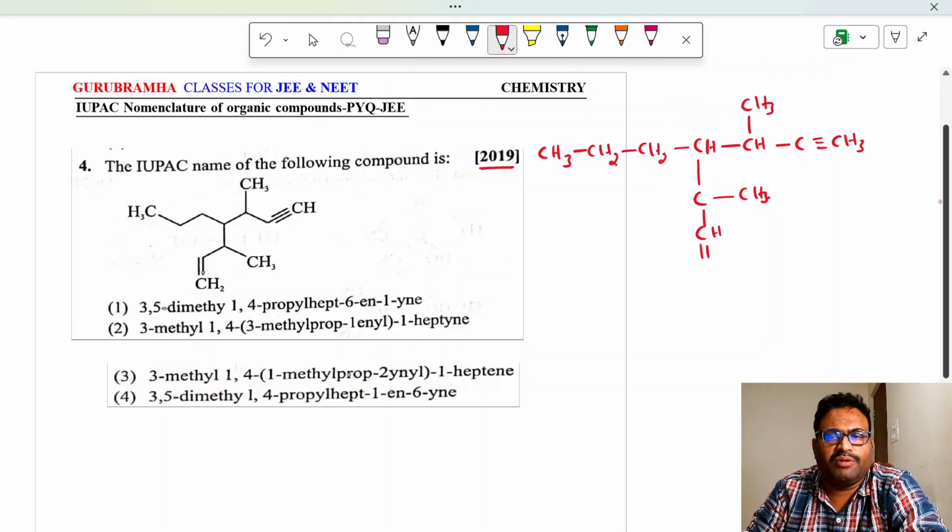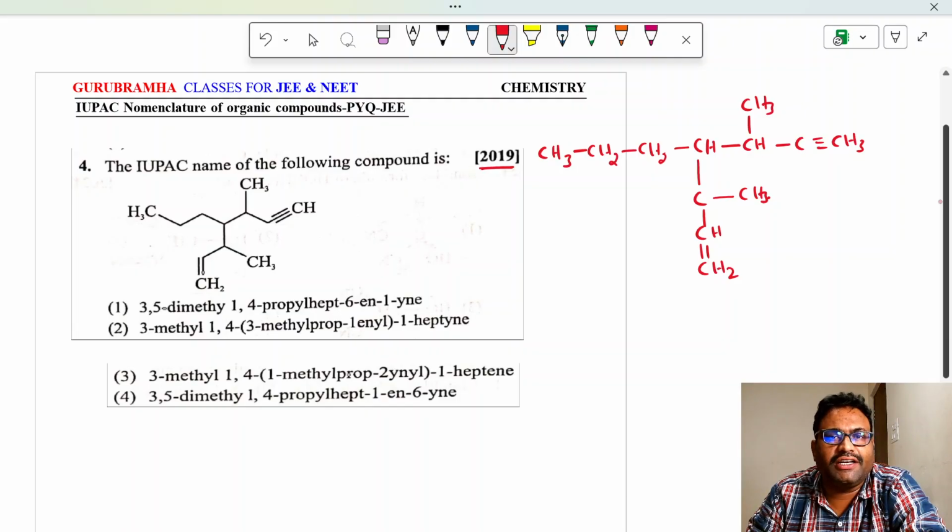CH double bond CH2. This is the detailed structural formula. From where do you start? First of all, select the parent chain. When selecting the parent chain, if there is a multiple bond in that compound, you have to see that the multiple bond is present in the parent chain, though it violates the longest chain rule.